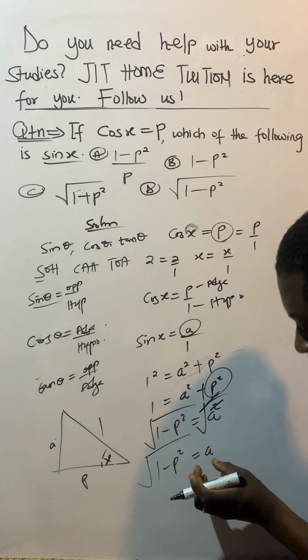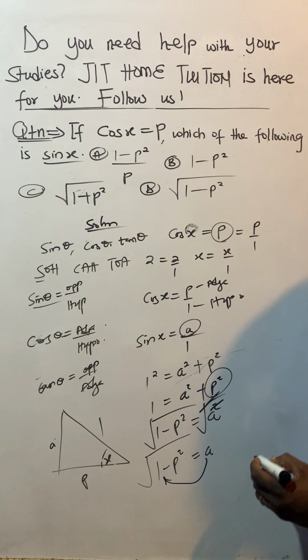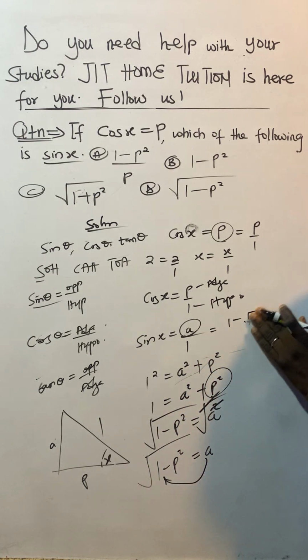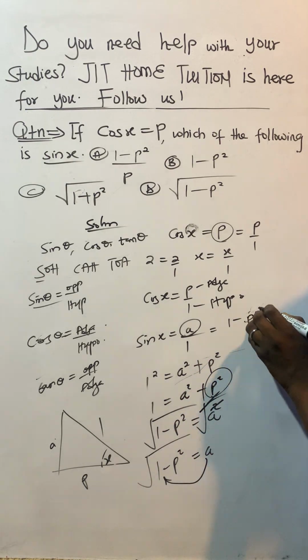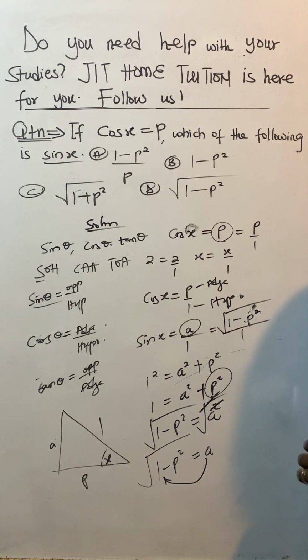So in place of the a, what you are going to do is replace it with this. That will give you the square root of 1 minus p square, divided by 1.